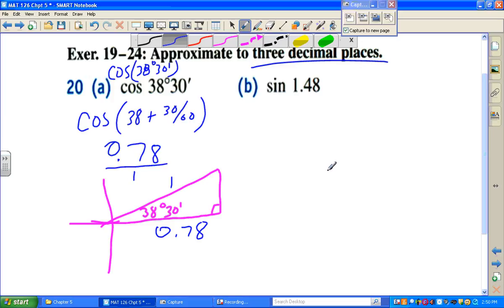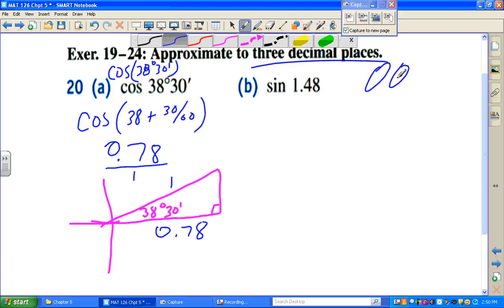That's what it means. You can also figure out the sine. You can put any number over 1, and the adjacent side is less than the hypotenuse.